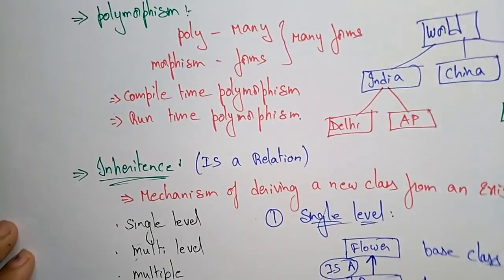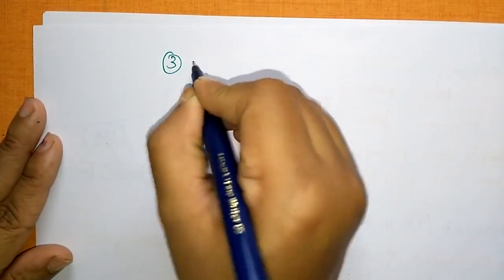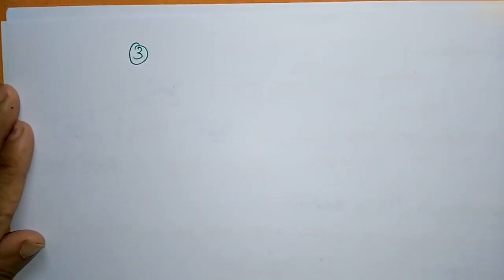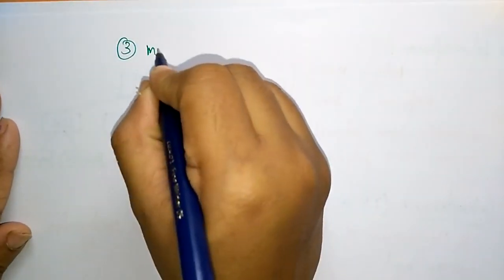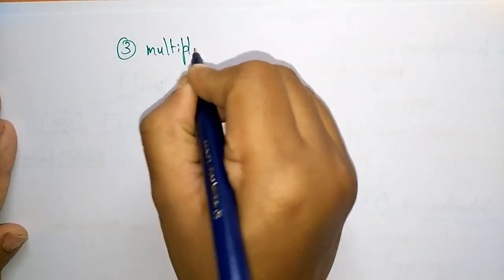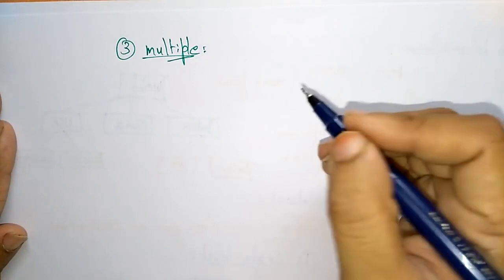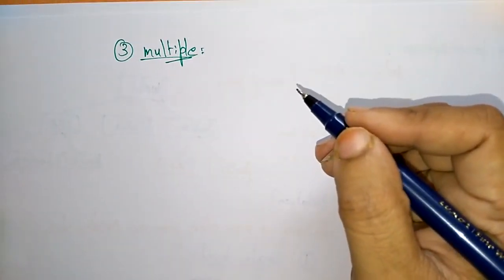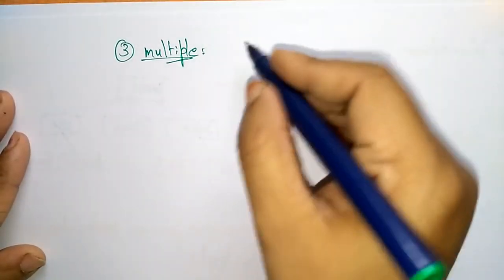Now coming to the next, that is multiple. The third inheritance is multiple. How do we represent multiple inheritance? Let us see the example.